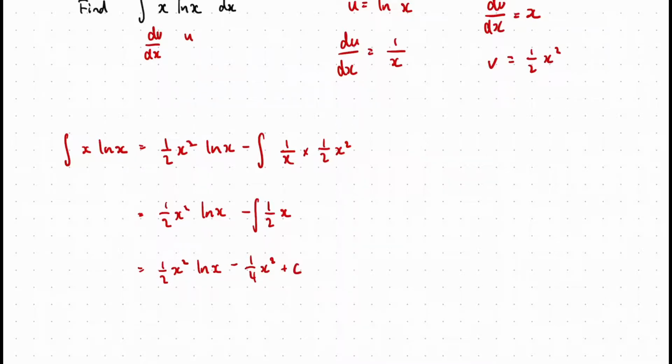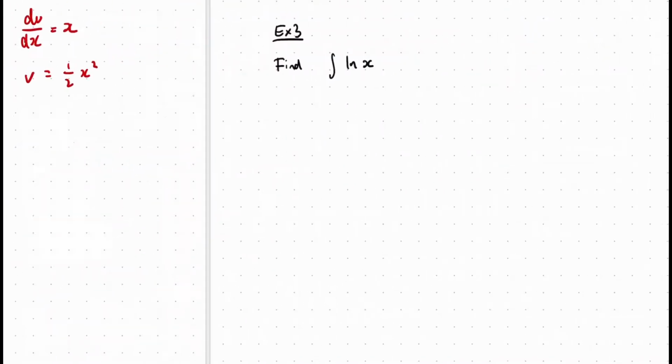I could take the x squared out of those two terms, creating a little bracket, but it wouldn't be worthwhile at this point. And that's the solution. Let's have a look at a third example.